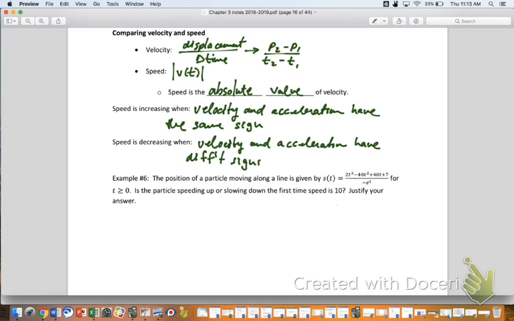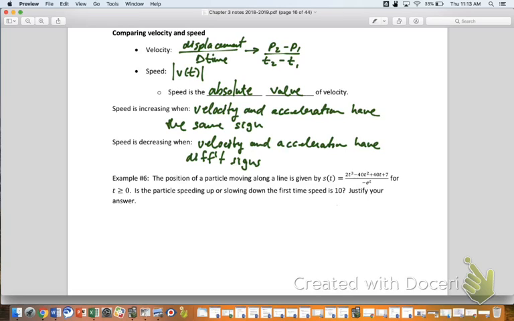Okay, so again, a little demo. Most people will get this first part. If I start off, let's say, right here, I just want you to call out the sign of my velocity. Positive, right? Okay, what's the sign of my acceleration? Positive. So my velocity was positive, my acceleration was positive, I sped up.